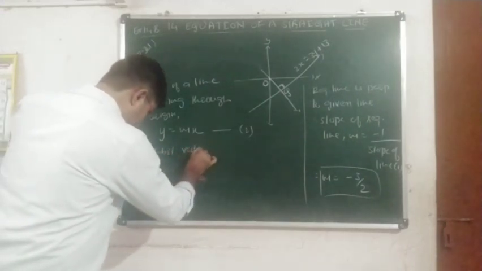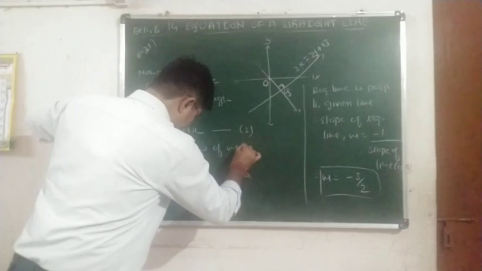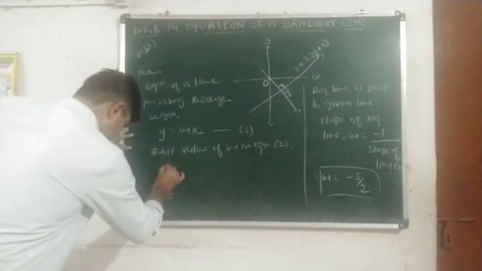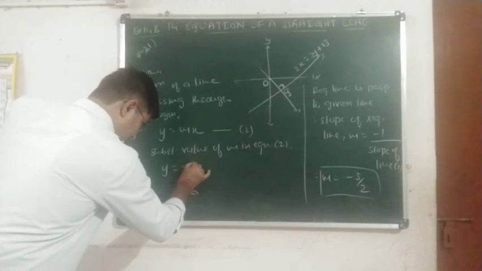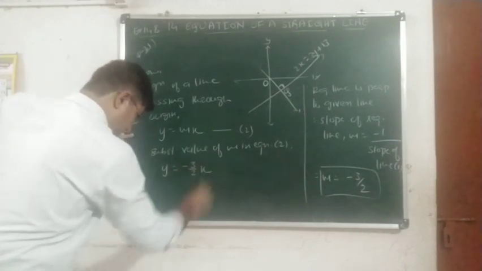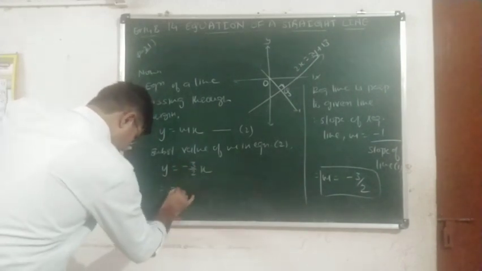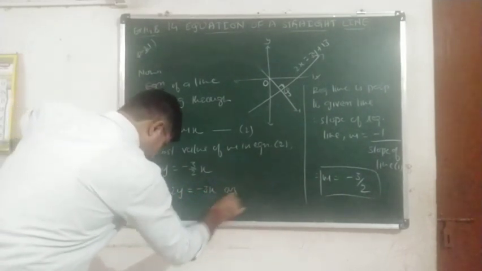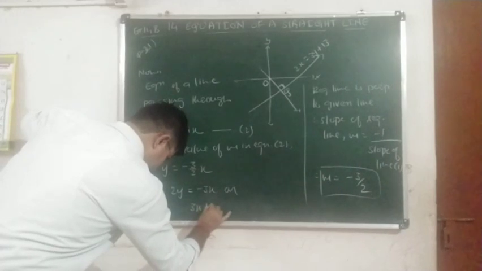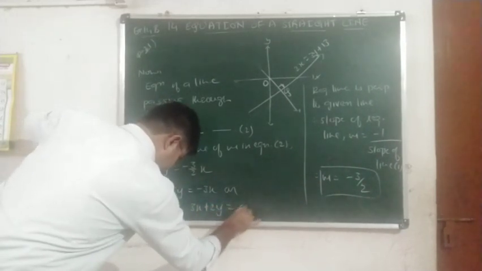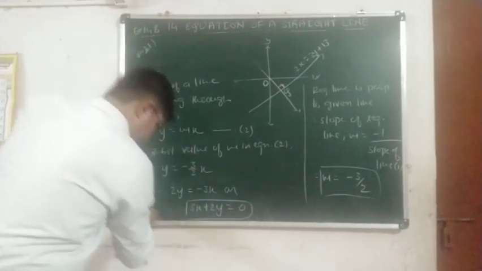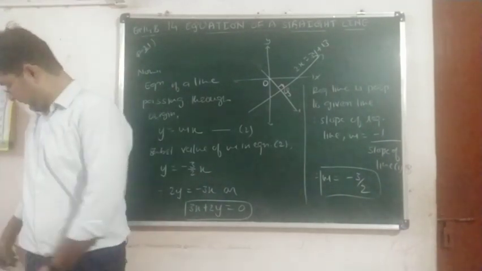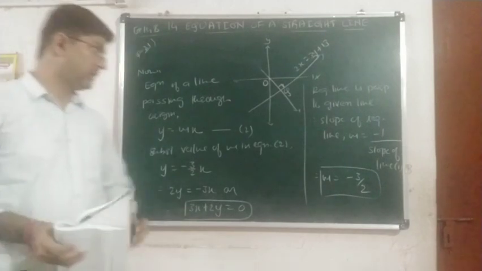Substituting the value of m in equation 2, we will get y is equal to minus 3 upon 2 into x, and therefore 2y is equal to minus 3x, or 3x plus 2y equals 0. This is the equation of the required line. Clear? So this question was also an easy one.